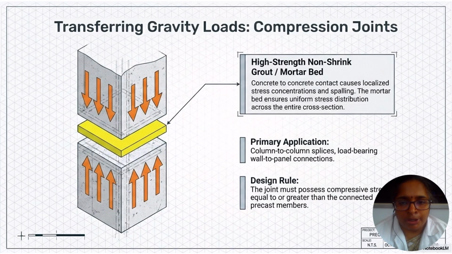The primary application of this joint is column to column splices and load bearing wall panel connections. The design rule is that it must possess compressive strength equal to or greater than the connected precast member, so that it can efficiently carry the load transferred from the column above to the bottom column. Otherwise the joints may fail, resulting in the failure of the entire structure.